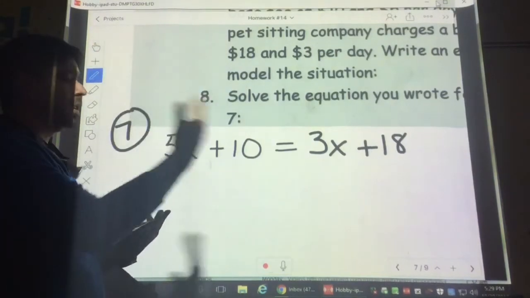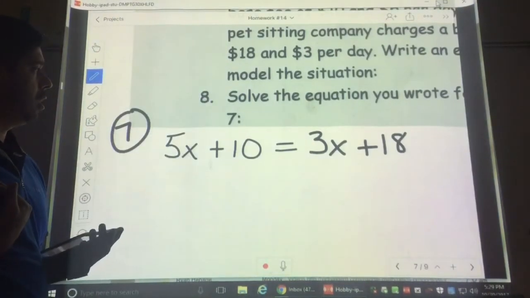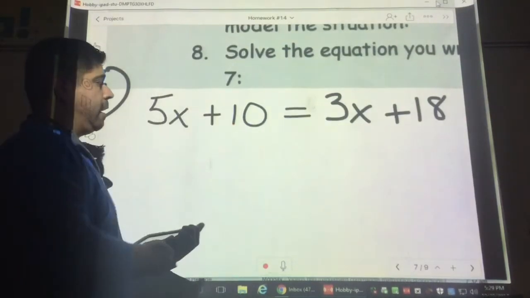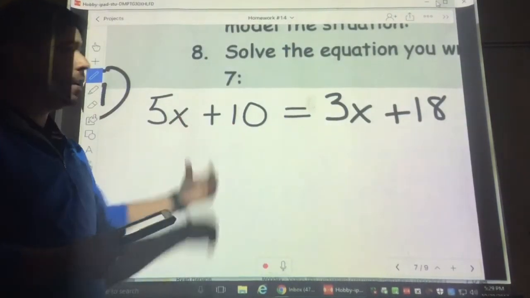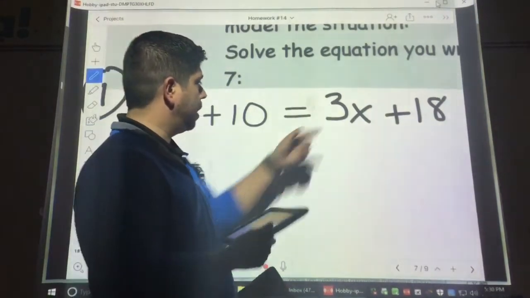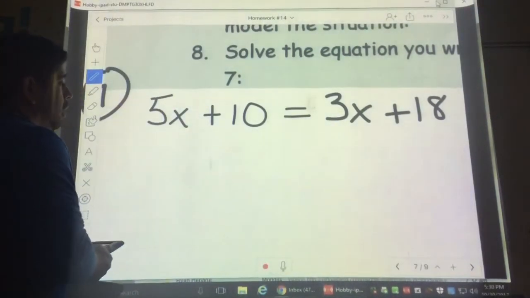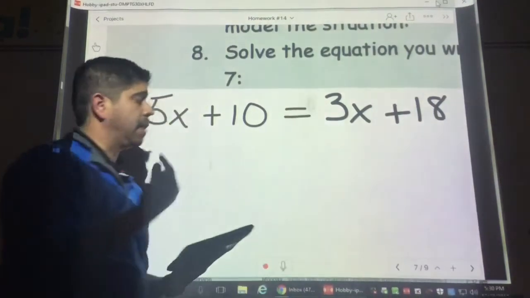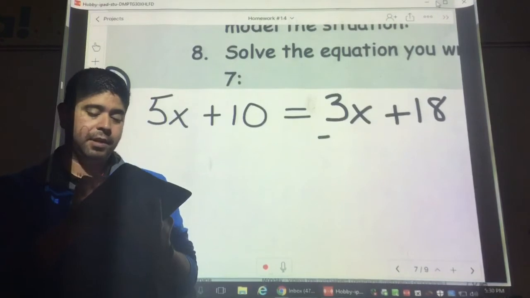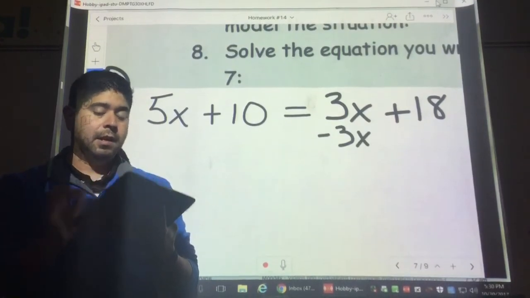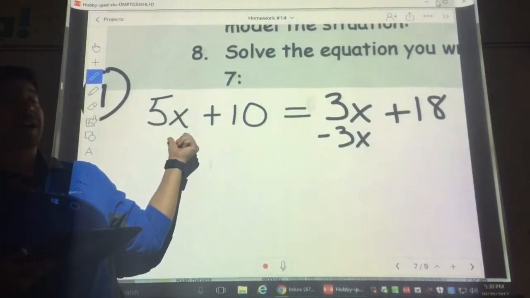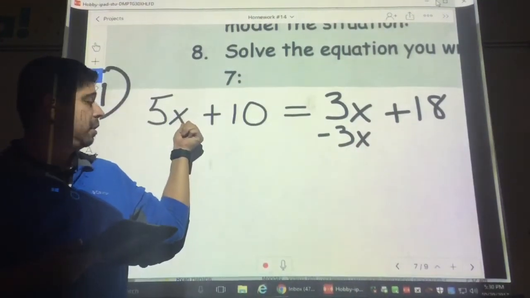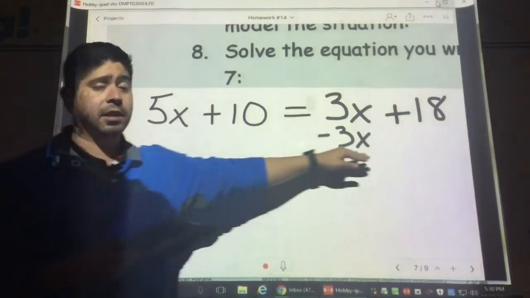So now we just solve for x. I like to again have my variables on the left side. So this 3x, I got to find the inverse operation. The inverse operation of 3x, this is a positive, is minus 3x. So I'm going to say minus 3x. Now, I have to bring it over here, and it's got to go under this 5x because they're like terms, since they both have the variable at the end of it.